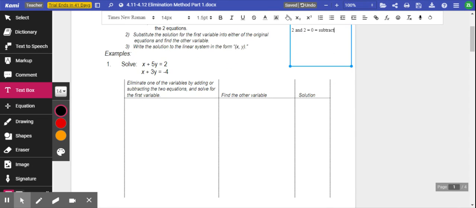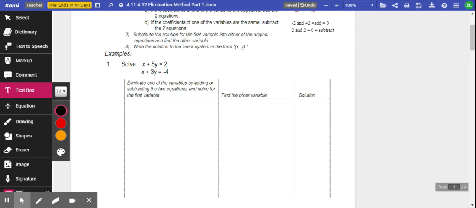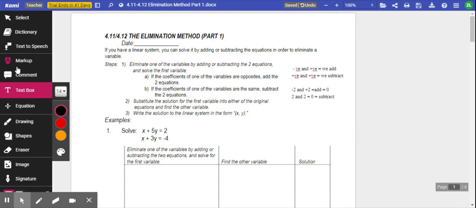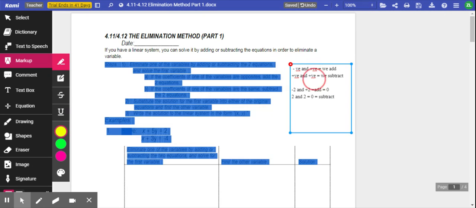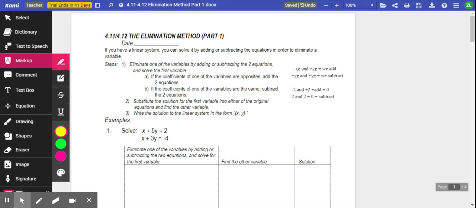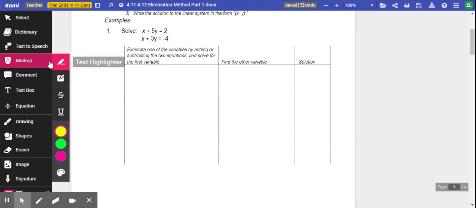So basically what we're going to do here is we're going to line them up and subtract so that we can more or less get rid of one. So in this case, our job here is going to be to get rid of these x's.